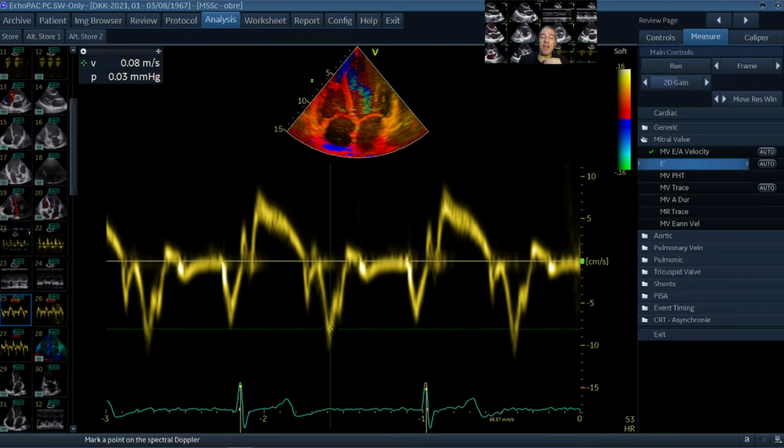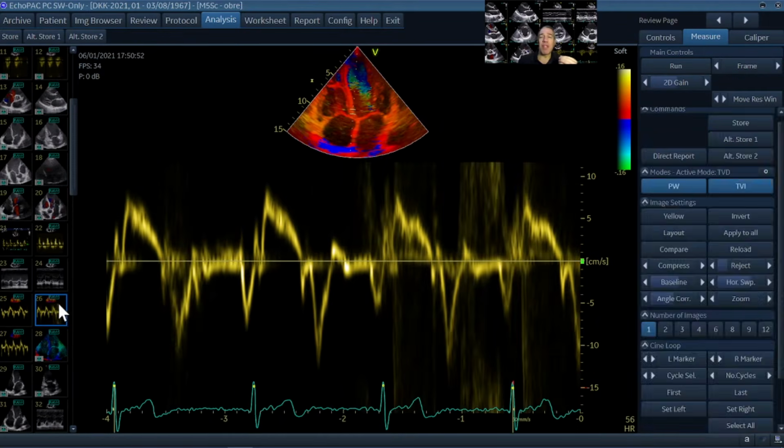So then you get an E to E prime ratio, which is here approximately 9.5, which is a relatively low value, not a very low value, but it is not significantly elevated, and is frequently seen in healthy people.